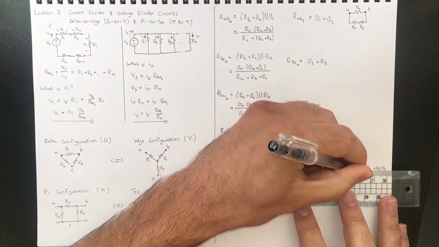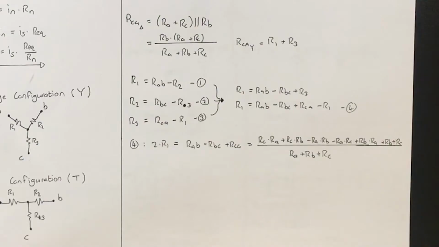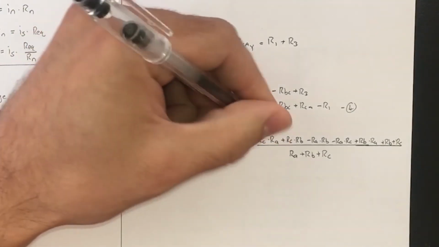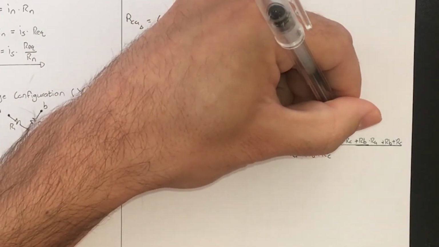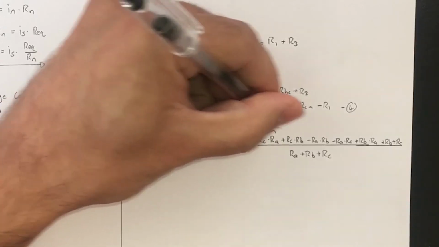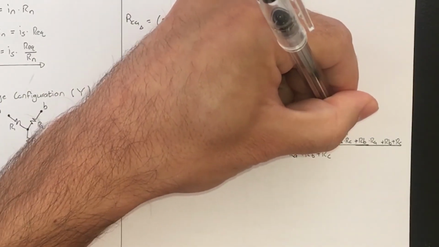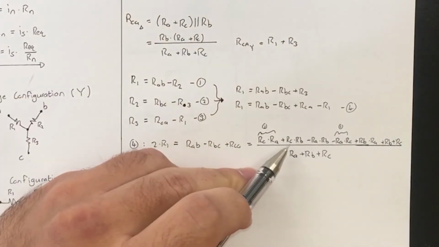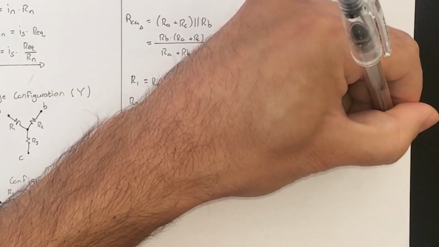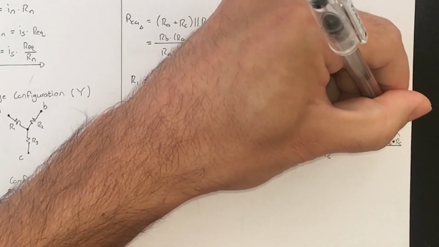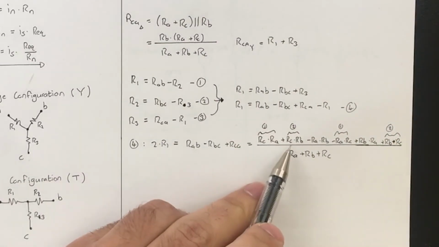Perfect. Let's expand this fraction just a little bit. Now we need to identify like terms. So this is RA, RC. We'll find that that is the same here. So we have one here, one there. RB, RC. It exists there and there.